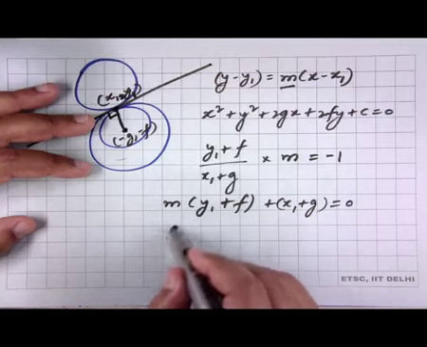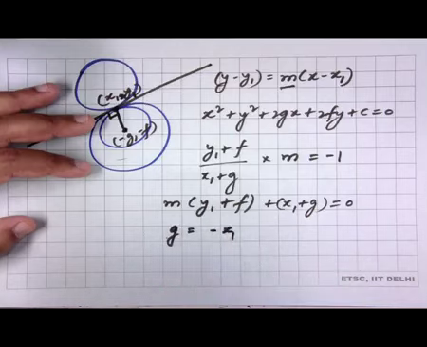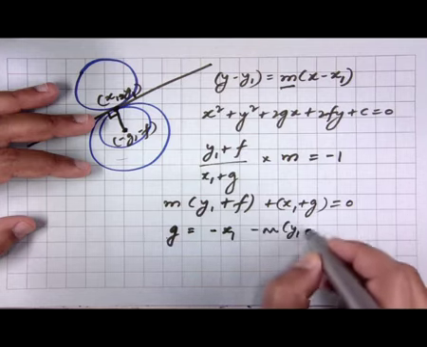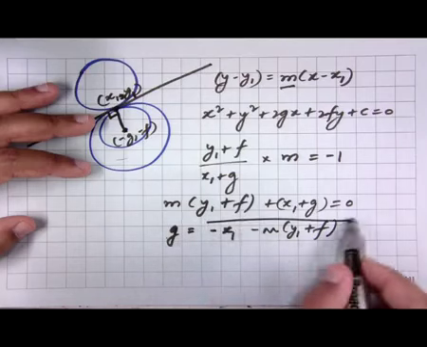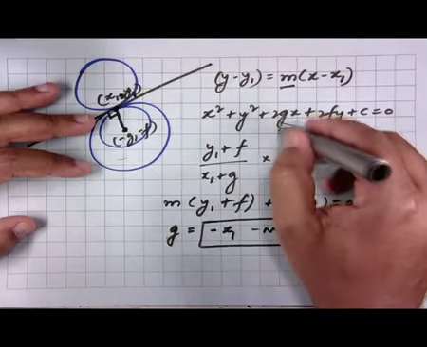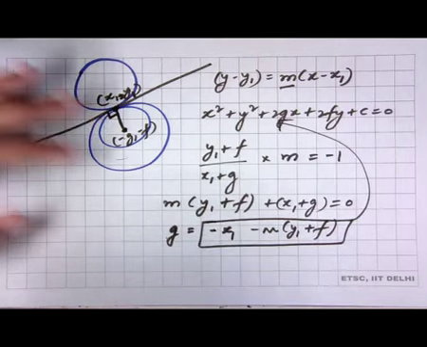So, what we see is that g is equal to minus x1 minus m times y1 plus f. So, what we will do now is we will take this expression for g and we will substitute it over here, and let us see what we get then.